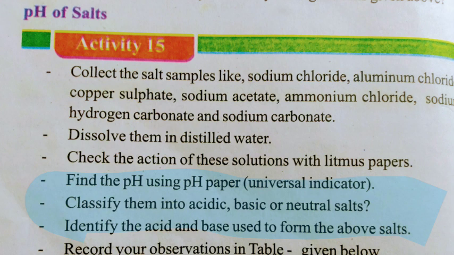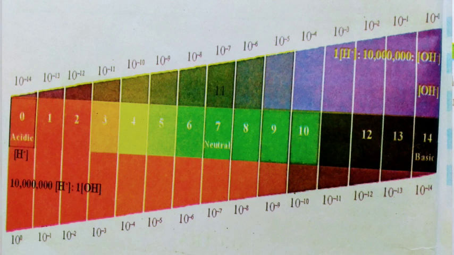How to test with the universal indicator? On the bottle of the universal indicator, there will be a strip showing the colors, from red to purple, with green in between.